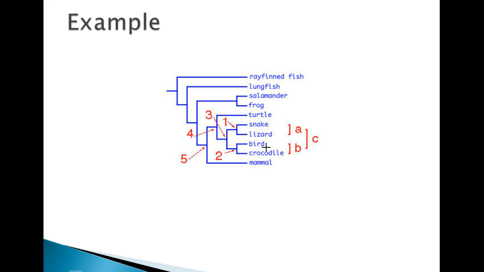One way to think about this is to consider the Snip Rule for dividing clade C into the daughter lineages derived from a common ancestor at node 3. So here's 3 right here. Imagine traveling up each branch from node 3 only a short distance before snipping.